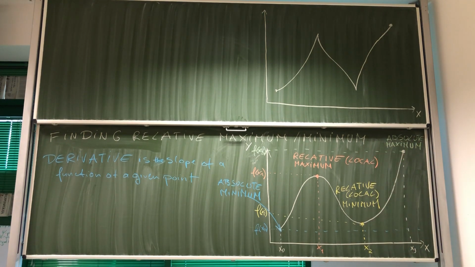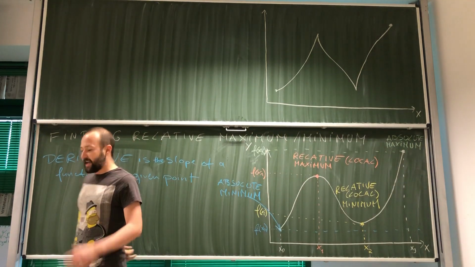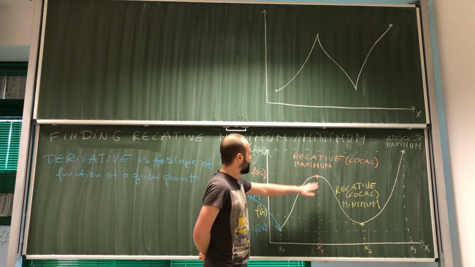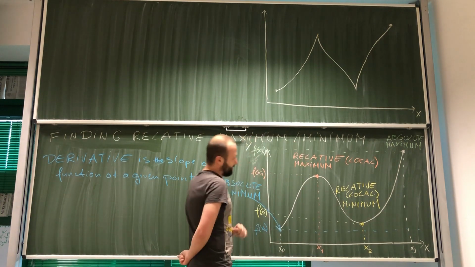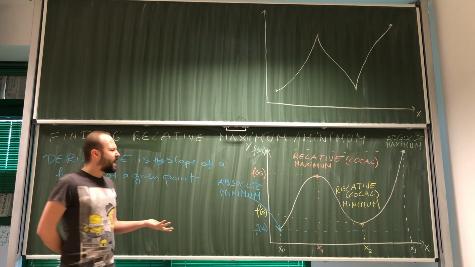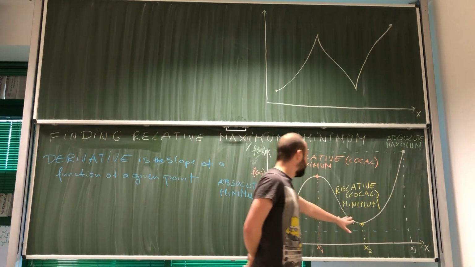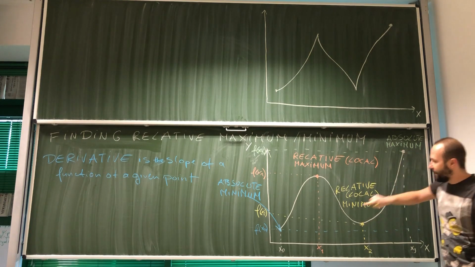And derivatives are extremely well equipped to find points like this, so relative maximum and relative minimum. But then you might say, maybe they are not that useful, because if those are only relative or local maximum or minimum points, and I want to find the maximum value of some function, it's better to find the absolute maximum or absolute minimum.